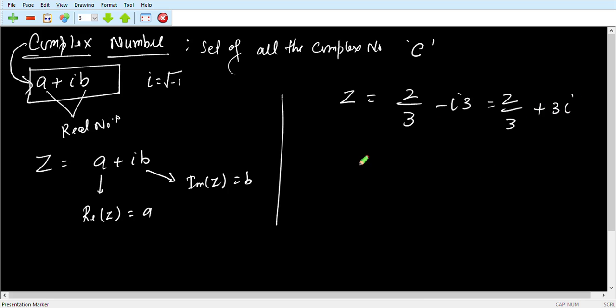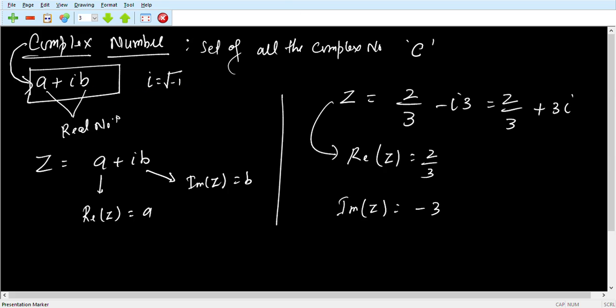So the real part of z is 2 by 3 and the imaginary part of z is minus 3. So a complex number consists of a real part as well as an imaginary part.